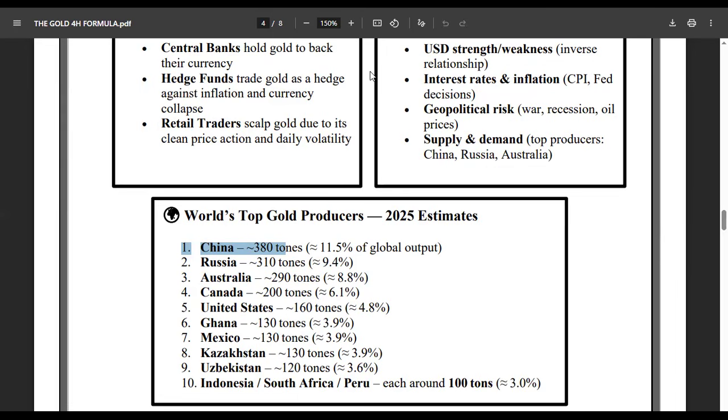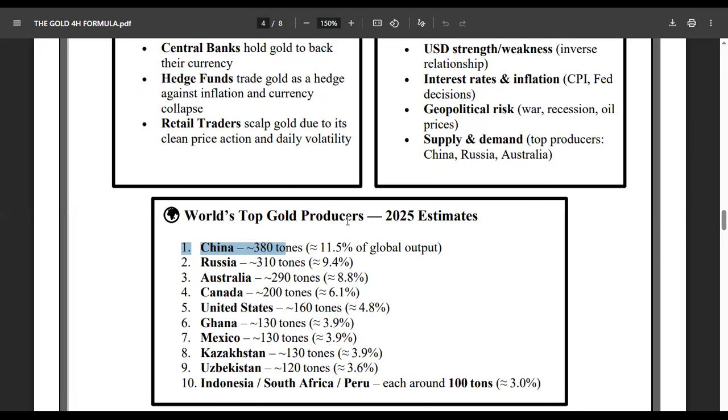Yes, China is in Asia. So if the number one producer of gold is in Asia, why can't you trade the Asian session? This is the question you need to be asking yourself.